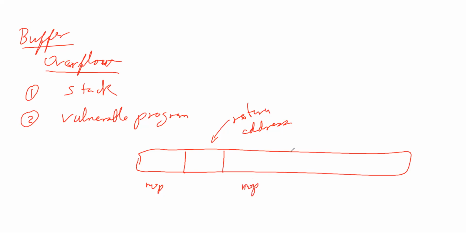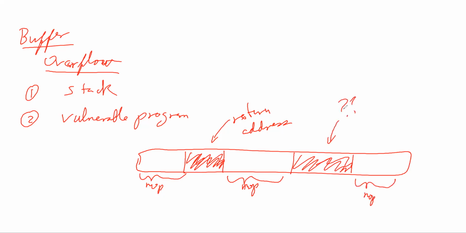But then if you remember, I wrote that something could go here. So what was the thing that I suggested that you could put there? Shell code. Shell code, very good.